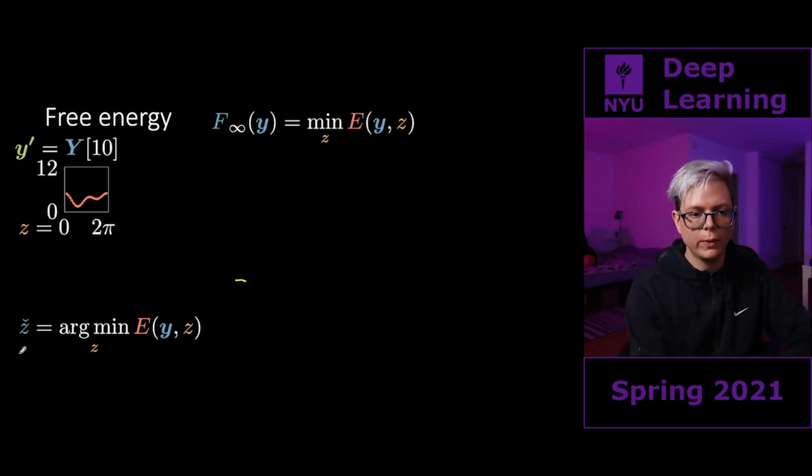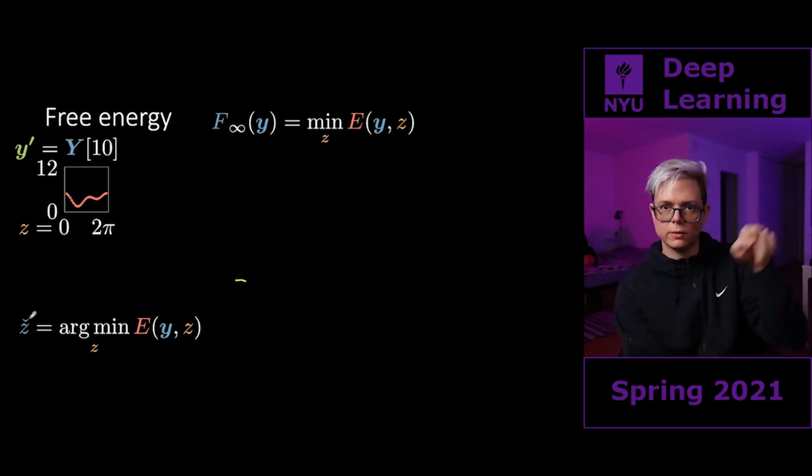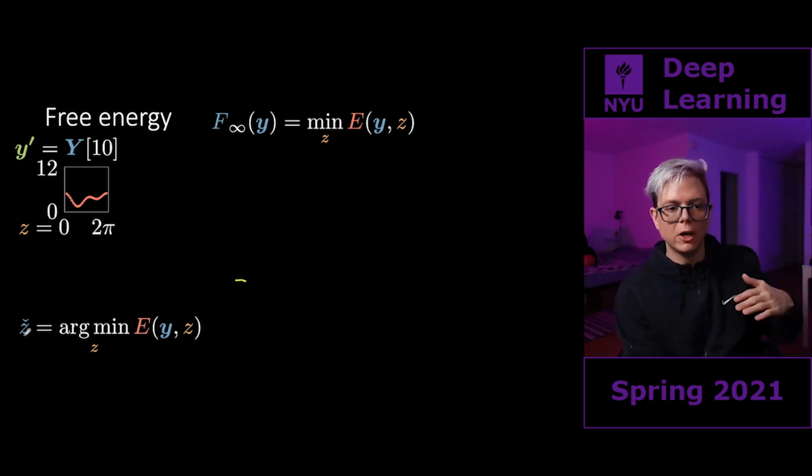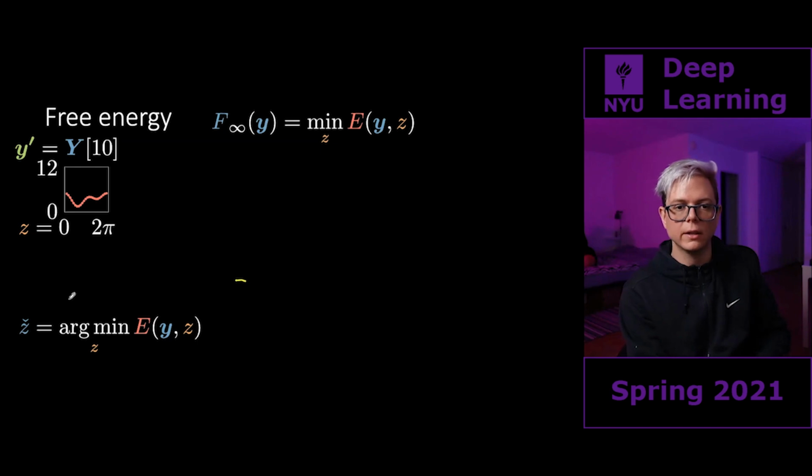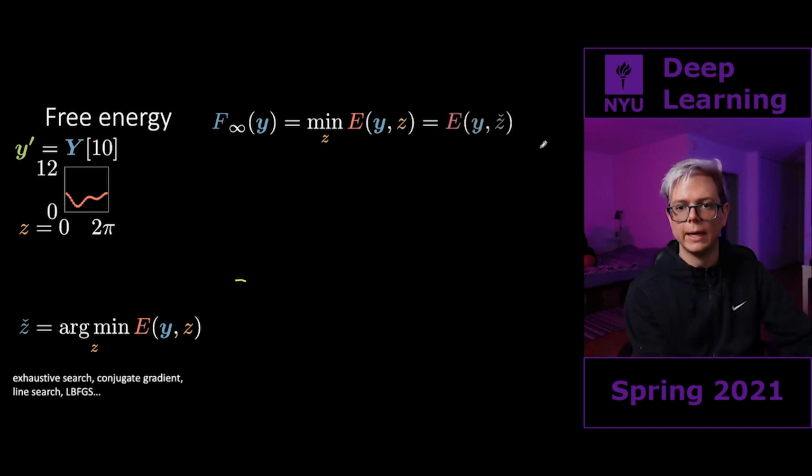So if you have the lowest z, called z check, then you can also write that the zero temperature limit of the free energy is simply the energy computed at the location z check.